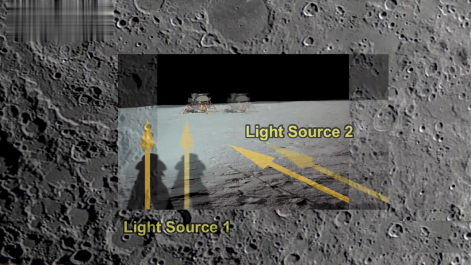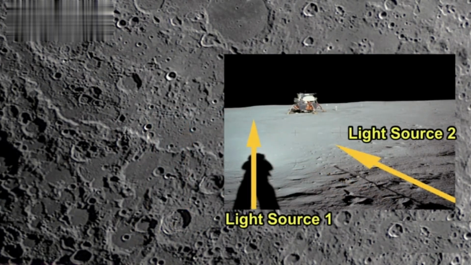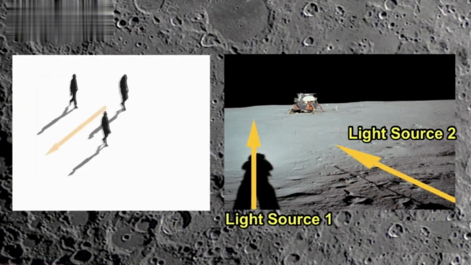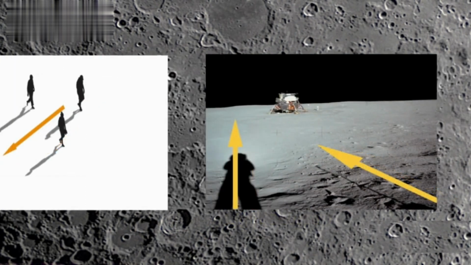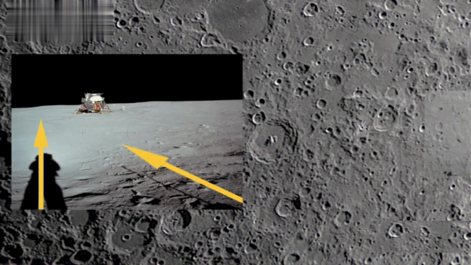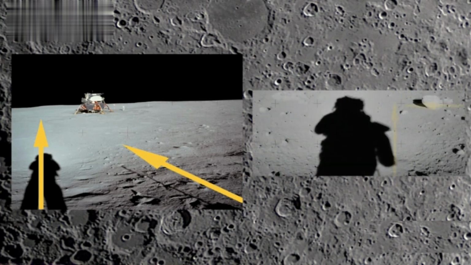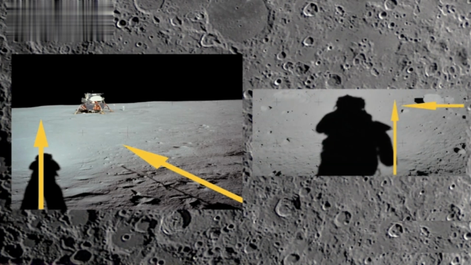Under intense sunlight, it would be impossible to have shadows cast in different directions. Just like on Earth, shadows should be parallel. But in the moon landing photos, there seem to be many instances where the shadows are not parallel. There is even an extreme photograph where two light sources create shadows at a 90-degree angle.